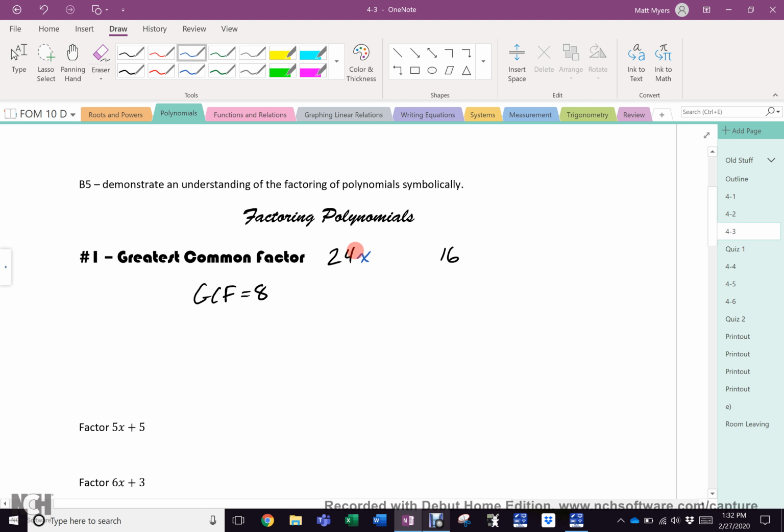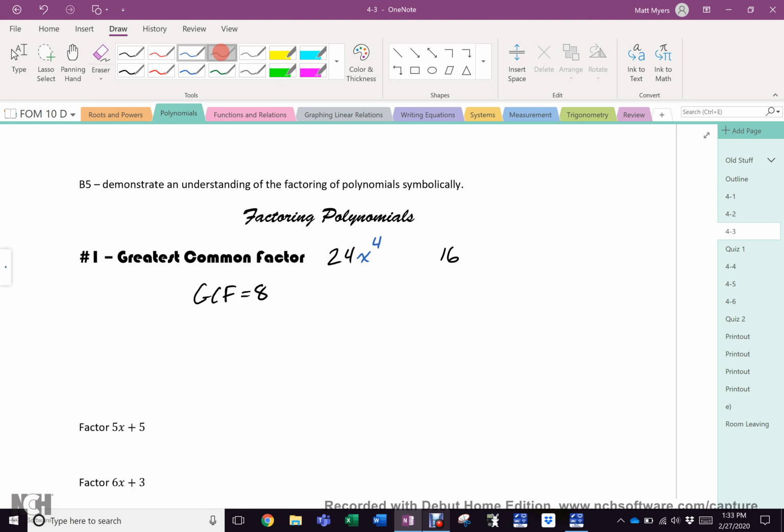Does everybody understand? Okay. What if I put a 4 there? Now, what are the factors here? 24 is one of the factors. And then what? And then 4 x's. Agreed? Everybody's cool with that?